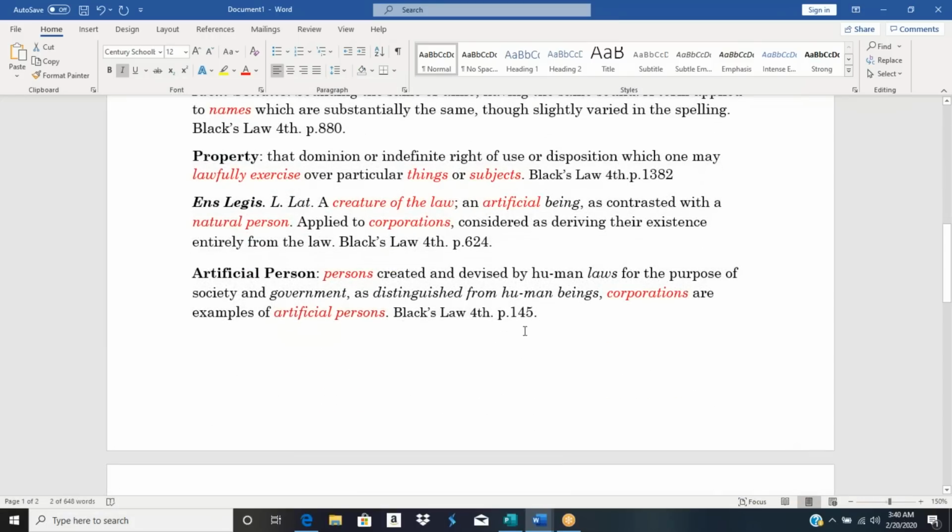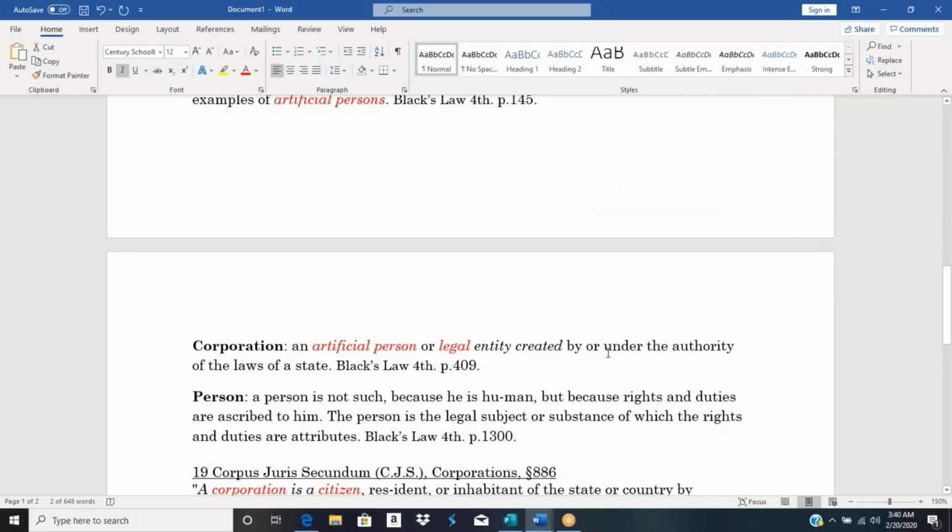All right? Artificial persons are persons created and devised by human laws for the purpose of society and government, as distinguished from human beings. Corporations are examples of artificial persons. Okay? Corporation, an artificial person or legal entity created by or under the authority of the laws of a state.